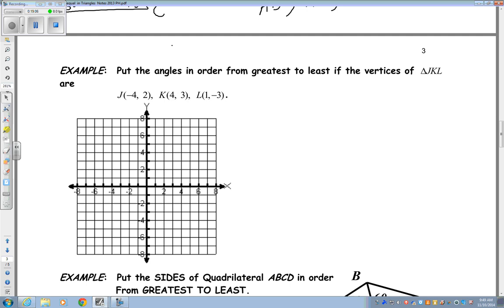So you have to plot it, and then look at the lengths of the sides. So first, let's get our triangle plotted. -4, 2 is J. We have 4, 3 is K. And 1, -3 is L.